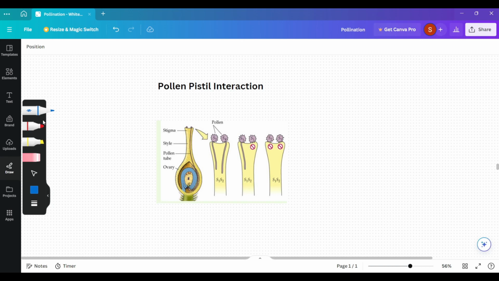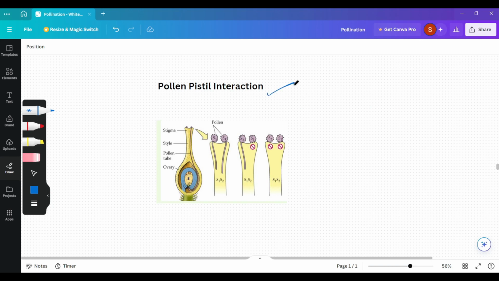The post-pollination events are nothing but fertilization. If the pollen which has landed on the stigma is of the wrong type, the pistil will reject it and the pollen grain cannot germinate. That is, no pollen tube will be formed there. Now, this interaction between the pollen grains and the pistil is mediated by certain chemicals, and this interaction is termed pollen-pistil interaction.